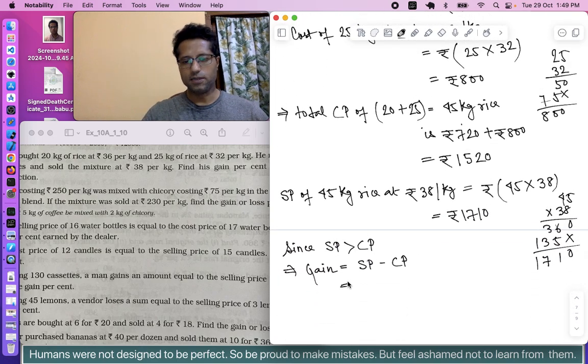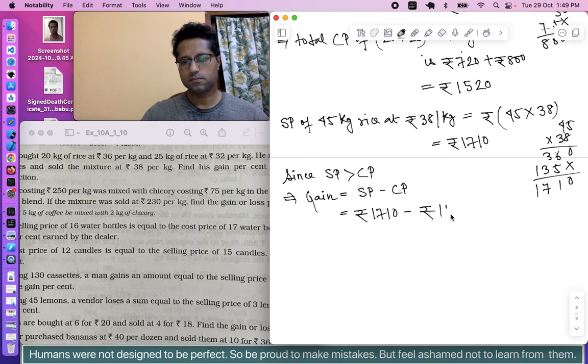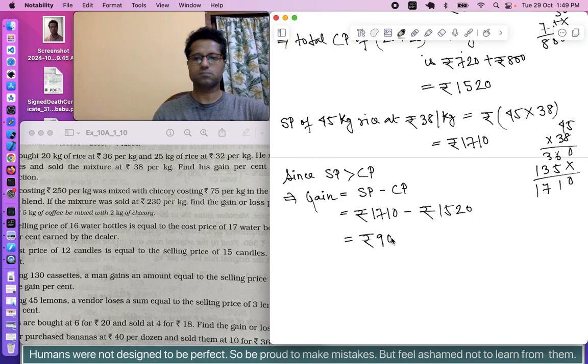So the selling price is rupees 1710 and the total cost price was 1520, so the gain is equal to rupees 190.